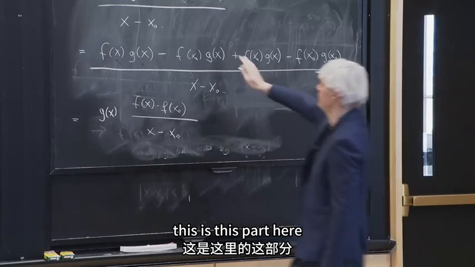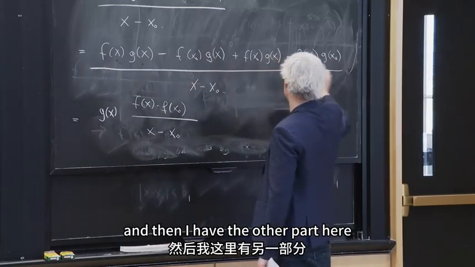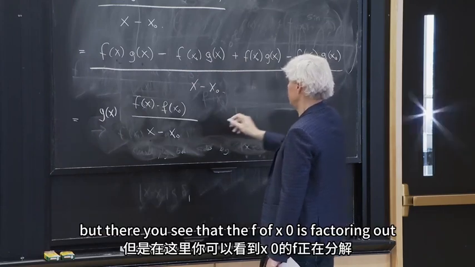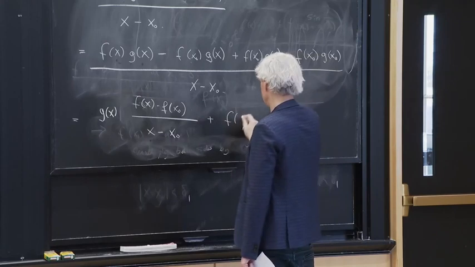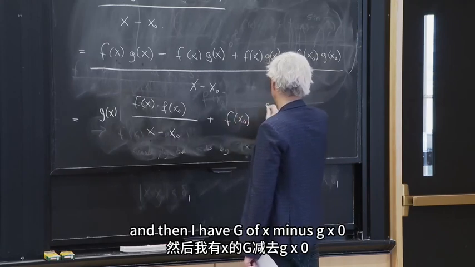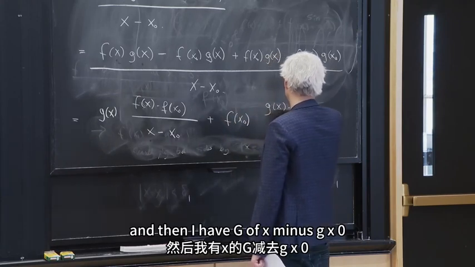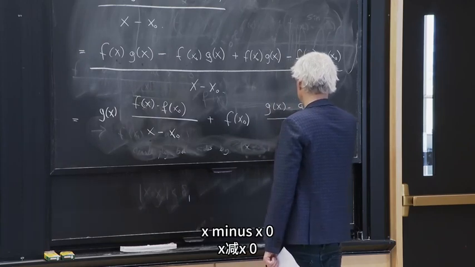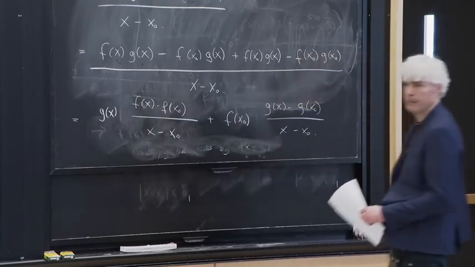This is this part here. And then I have the other part here, but there you see that the f of x0 is factoring out. And then I have g of x minus g of x0 over x minus x0, like that.